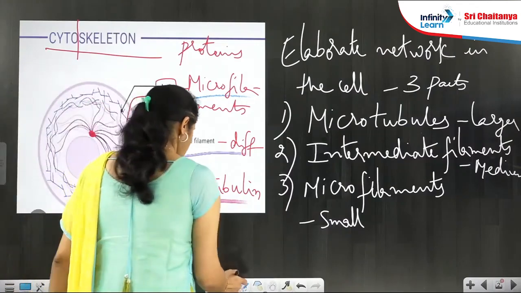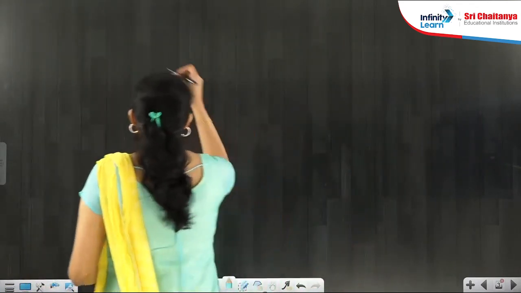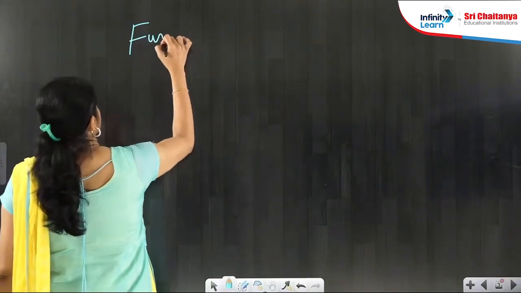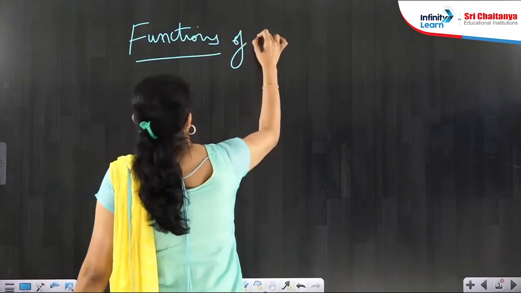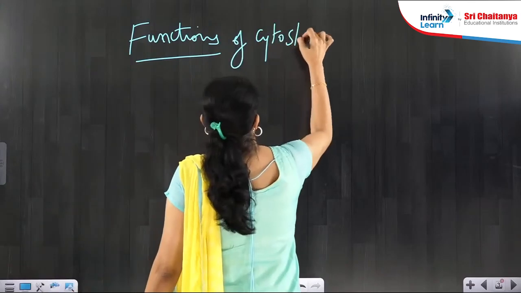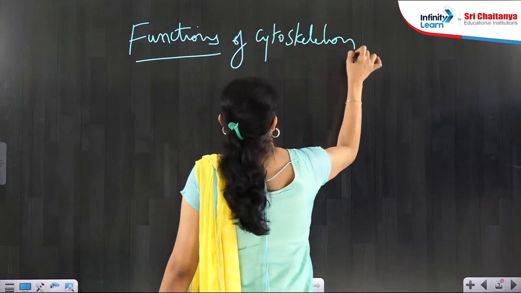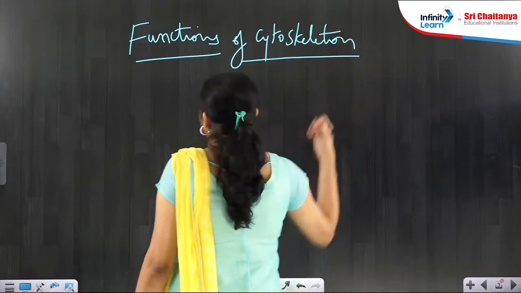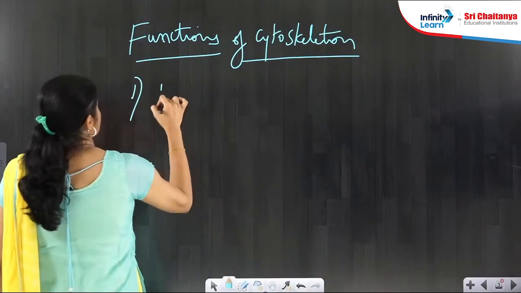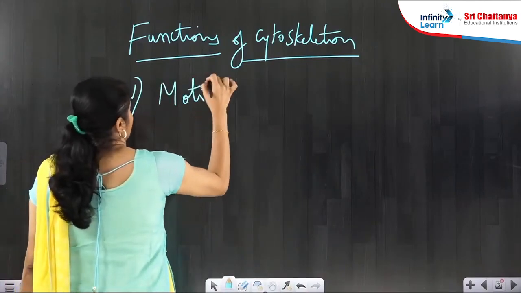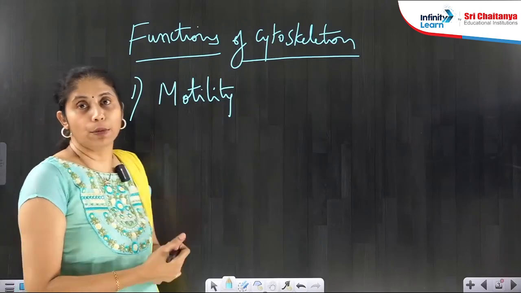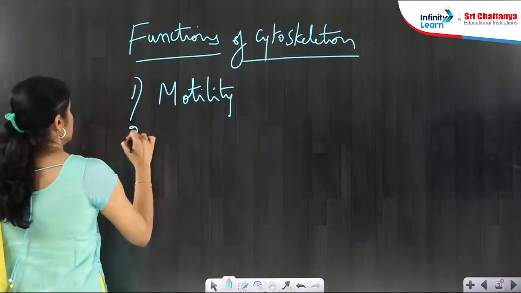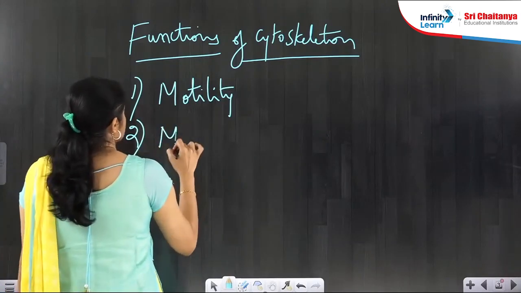And functions of cytoskeleton. The first function is motility. They are concerned with the movement of the cell. The second function is mechanical support.